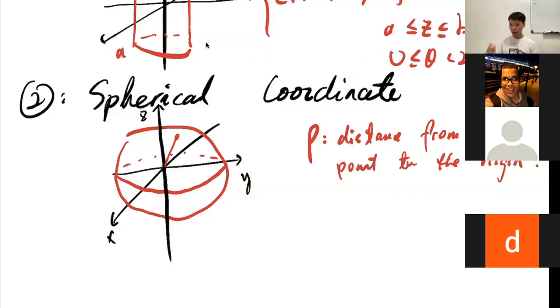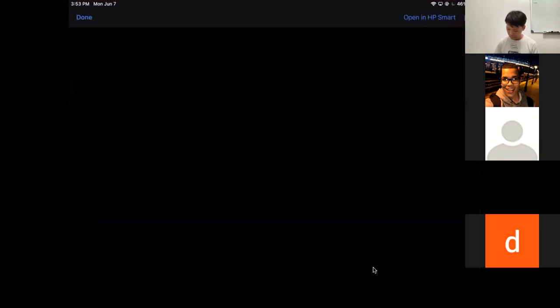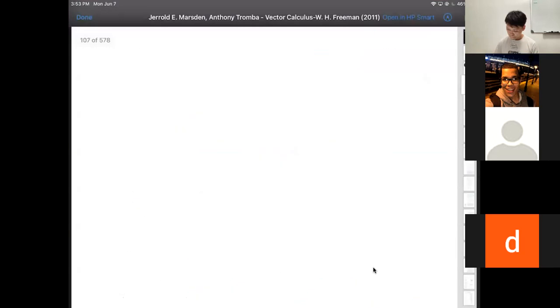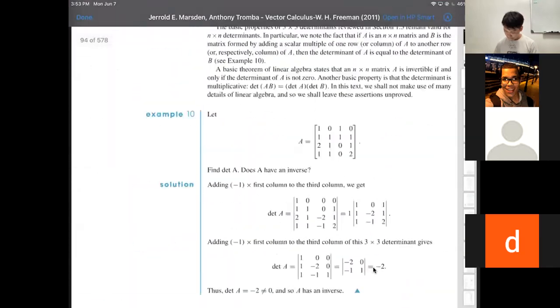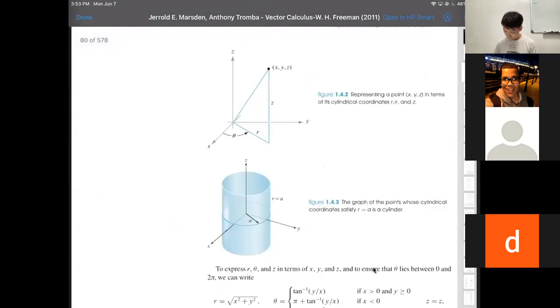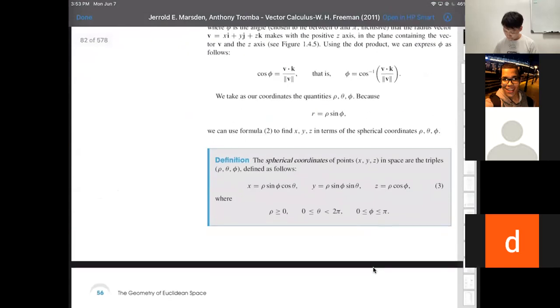First is the angle from the z-axis. What does the book use? Phi and theta.